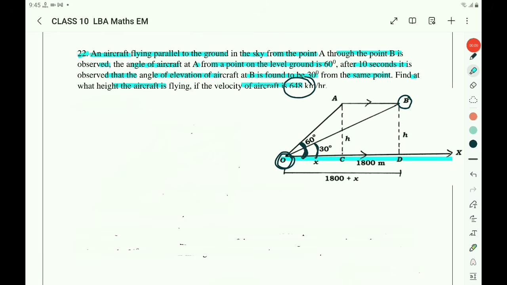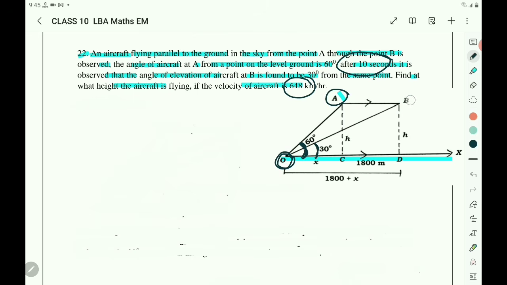Next, the velocity of the aircraft is 648 km per hour. It moves from A to B in 10 seconds. What is the time taken to reach B from A? It is 10 seconds.